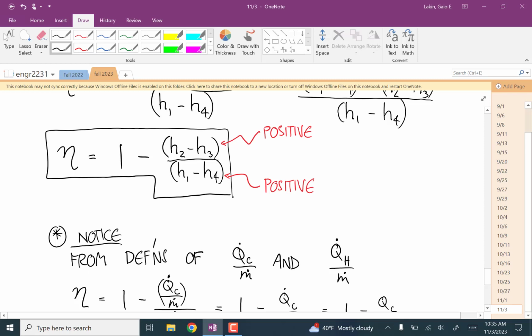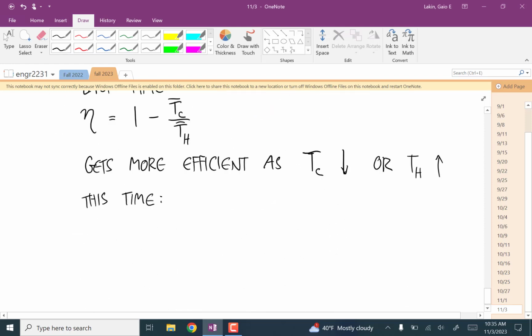Okay, so we want the pressure in the condenser to be as low as possible. And 4 is going into the boiler, 1 is coming out of the boiler. And so obviously we want the denominator here to be as big as possible.